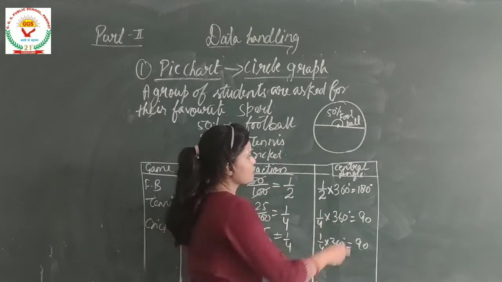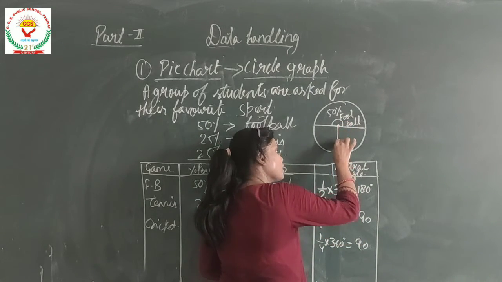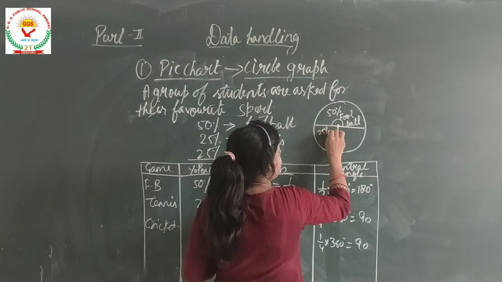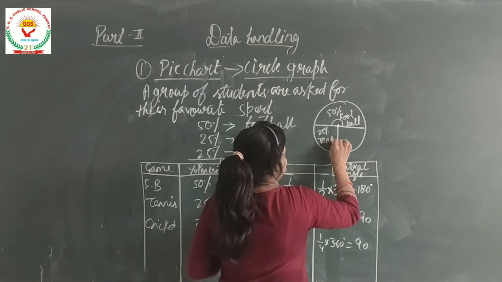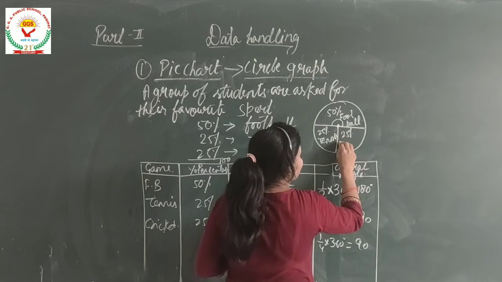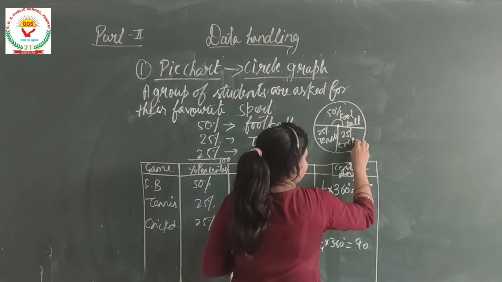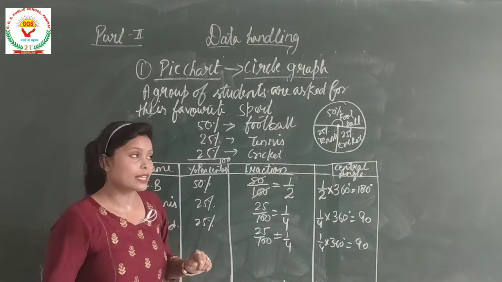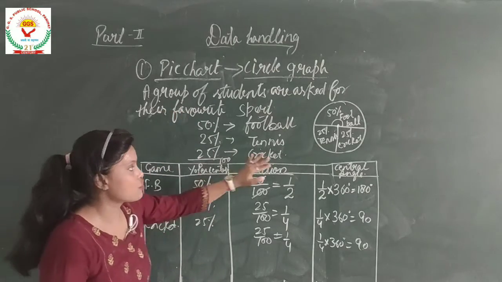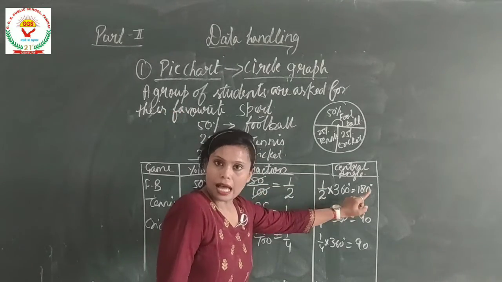Next angle is 90 degrees. We will construct the angle of 90 degrees. This will represent 25%, that is tennis, and this also represents 25%, that will be cricket. Alright, so this is how to represent the pie chart and find out the angle.